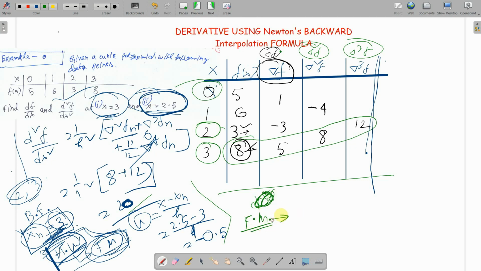Okay, so by the forward method, if I am to find out x at 2.5, we are taking x0 equals 2. Who was asking for x0 equals 2? Tell me. Okay, so x0 equals 2, and now find me the value of df/dx.